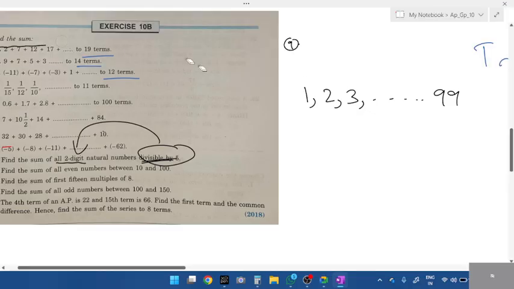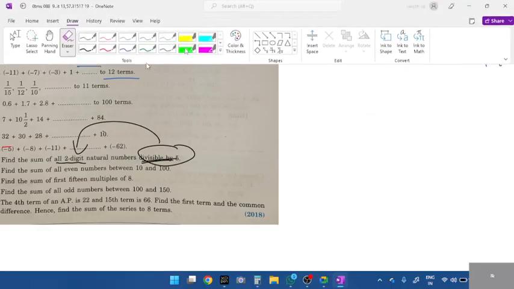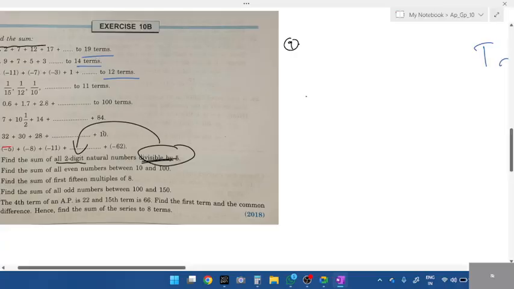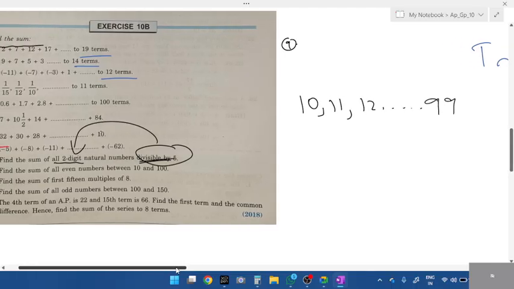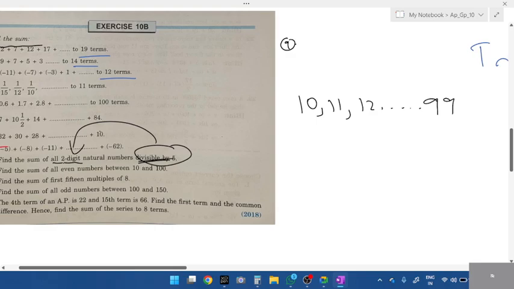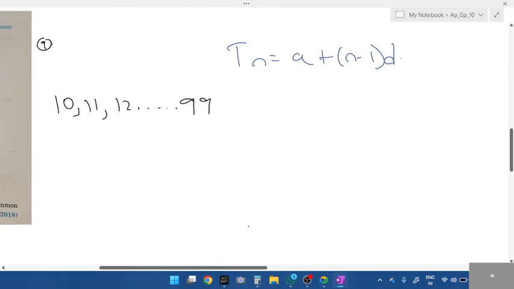What is the lowest two-digit number? All of you respond. What's the lowest two-digit number we have? 10. So 10, 11, 12 up to 99. This is the concept. I forgot to write that we start from 10, not from 1. Even if it is natural numbers, they have asked us to find all two-digit numbers. Two-digit starts from 10. Up to 9 it is one digit.